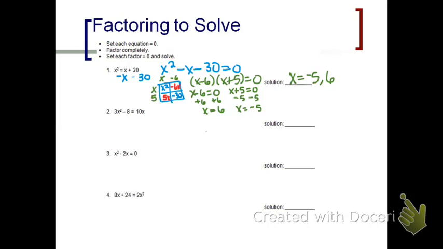Okay, so let's do the next one. So what do I need to do first? I need to move the 10x over. So I'm going to end up with 3x squared minus 10x minus 8. Okay, now I'm ready to do a box.